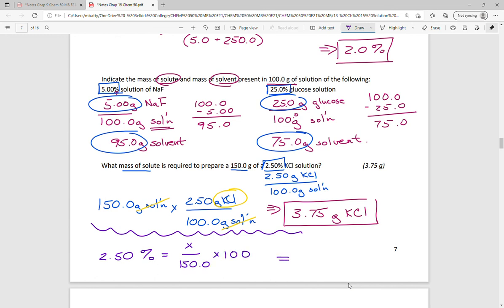If you want to use the algebra, sub in and solve, you totally could. I like that idea of mass percent as a unit factor. Again, going back to that problem solving strategy, it can be useful when you get different kinds of questions. So that's mass percent.